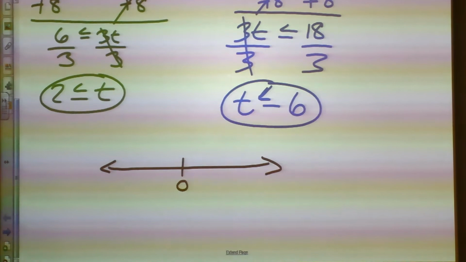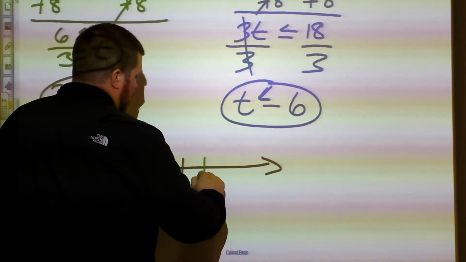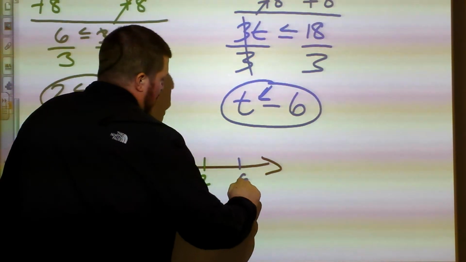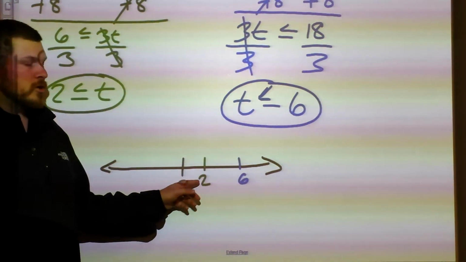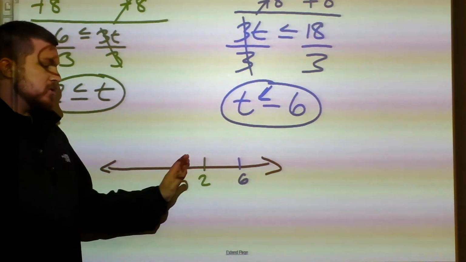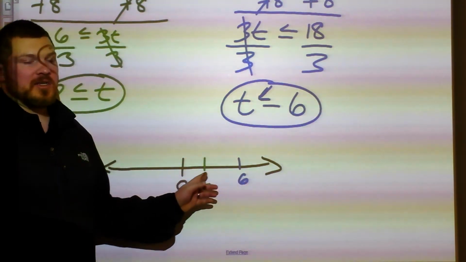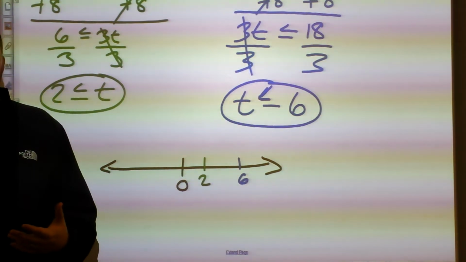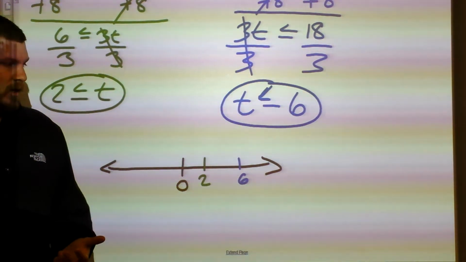I know I have a circle at positive 2, and I also have a circle at positive 6. Obviously, 2 and 6 are both bigger than 0, so they go to the right, but 6 is bigger than 2, so it needs to go farther right than positive 2.